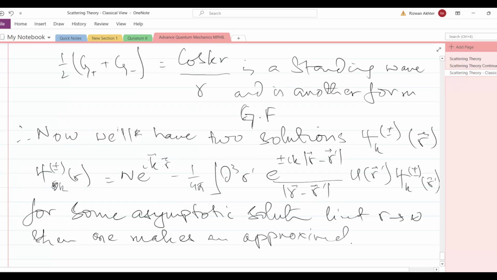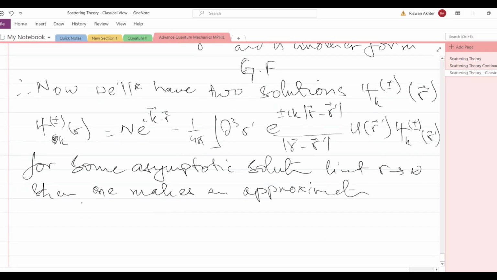Approximation on this exponential factor above, or that approximation would be k times mod of r minus r prime, and this is equal to k into under root r square minus 2 times r dot r prime plus r prime square.